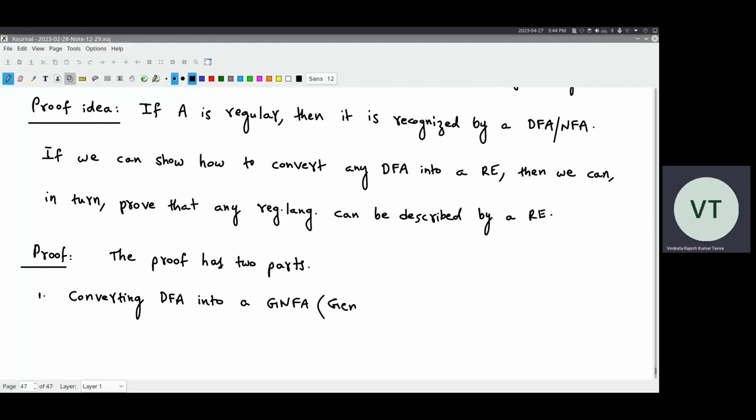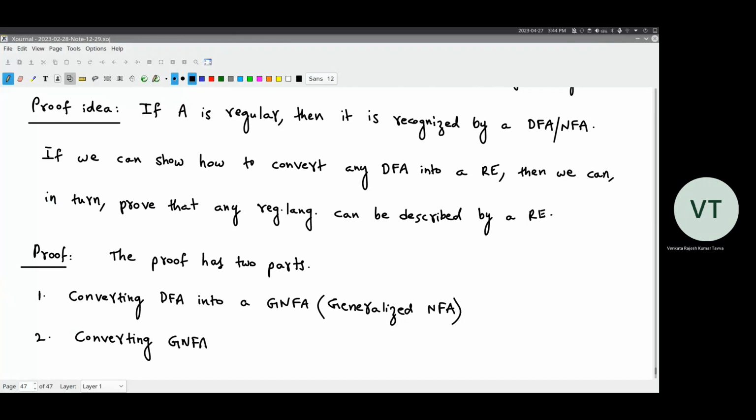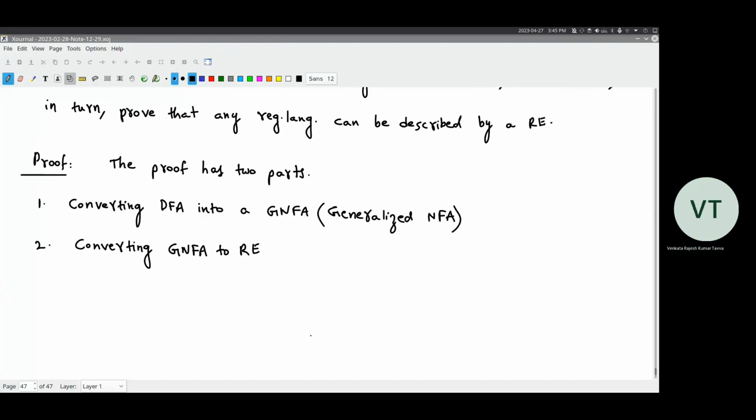We'll look at what it is. A GNFA is a generalized NFA. And the second part is converting the GNFA to a regular expression.